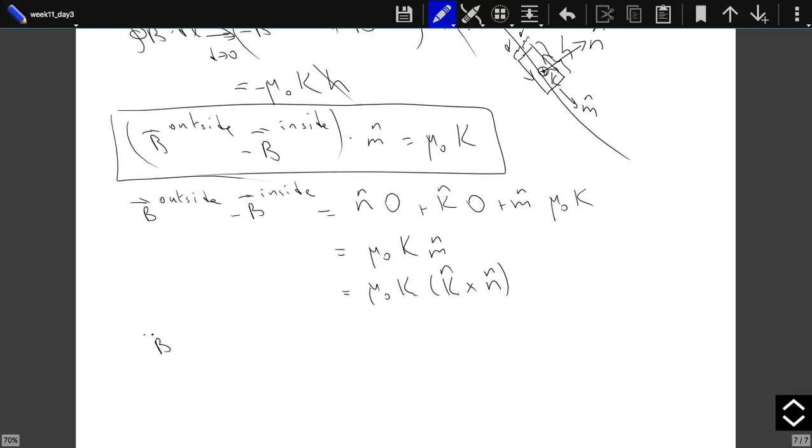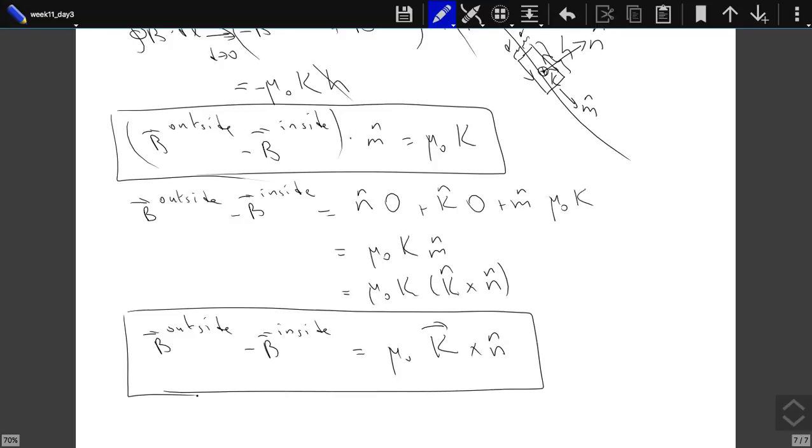So we have B outside minus B inside should be equal to mu 0. Well, I have the k magnitude multiplied by k hat. This product is nothing but my k vector cross n hat.